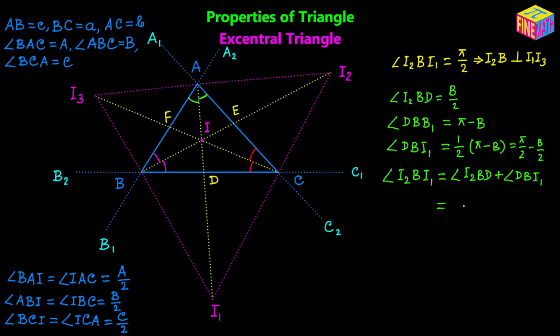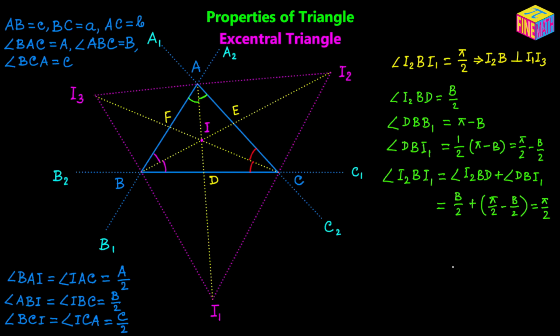The value of the angle I sub 2 BD is half of B, and the value of the other angle, the angle DB I sub 1, is 90 degrees minus half of B. If you carefully look at it, this is nothing but pi over 2, because half of B, positive and negative, will cancel each other. So you can clearly see that the angle I sub 2 B I sub 1 is actually a 90 degree angle.